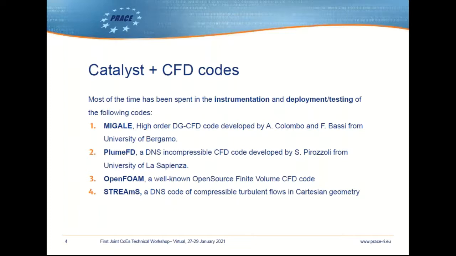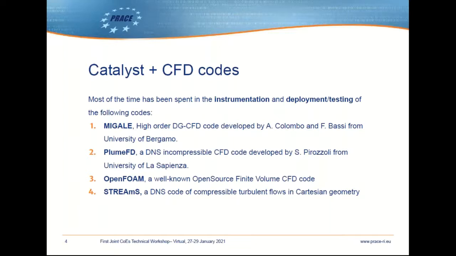Migale is not open source, but has been used for many papers by the team of Colombo and Bassi from the University of Bergamo in Italy, which is a particular CFD code which uses discontinuous Galerkin discretization with an adaptive high-order polynomial.